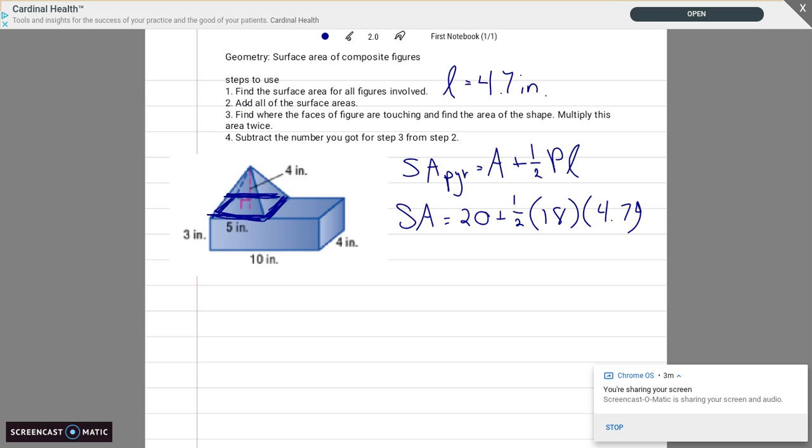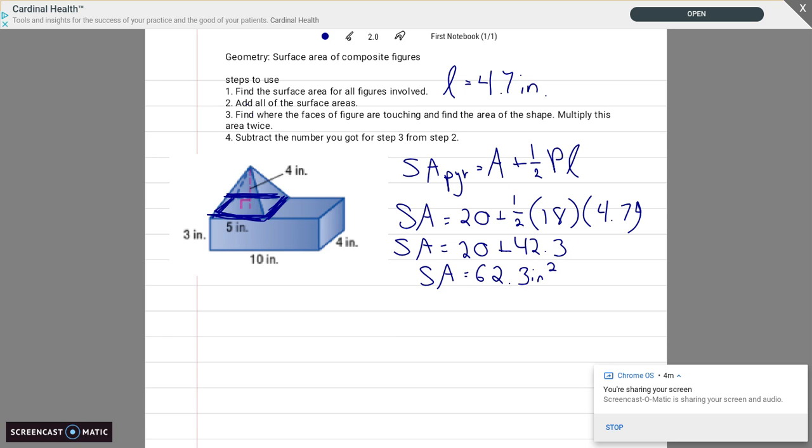Off screen, I'm going to do 18 times 4.7 times 1/2, and I get 42.3. So my total surface area for this pyramid is 62.3 inches squared.